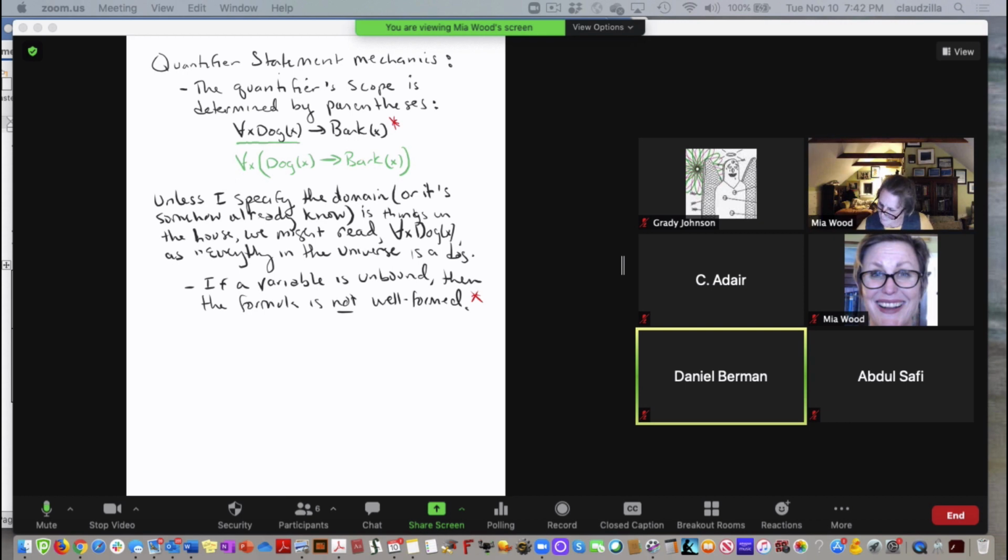The other thing that we want to think about in terms of mechanics is this. The scope of a quantifier is not affected by an individual constant, that is, by a name.